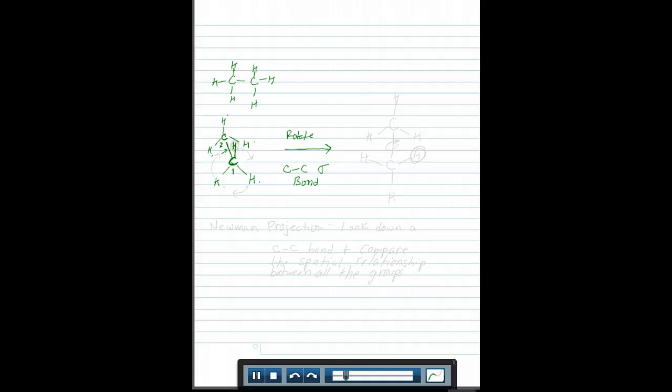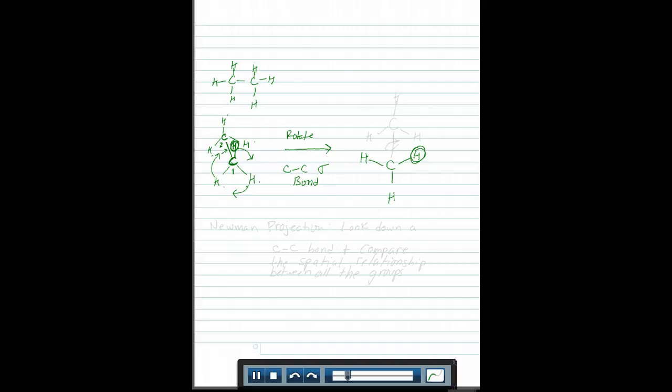So the hydrogen here stops at this position, this hydrogen stops up here, and this hydrogen stops at that position. What it will look like now is you have a hydrogen that was at the top, and the hydrogen right here is now right here.